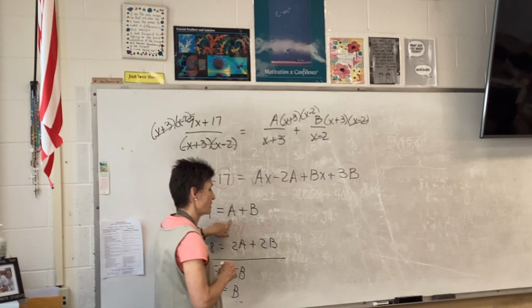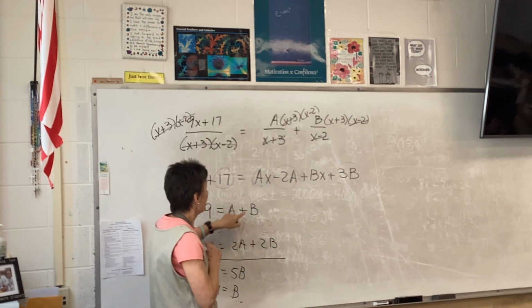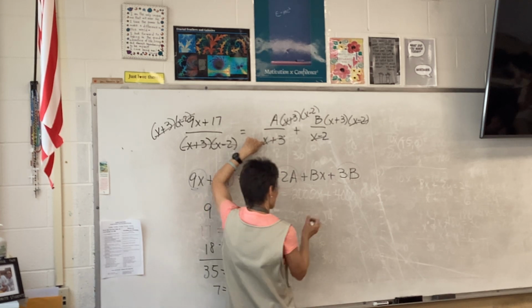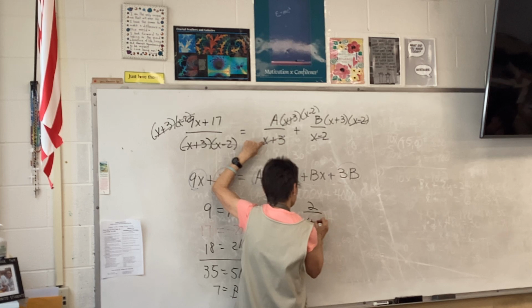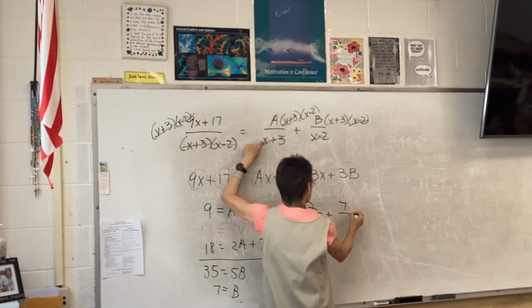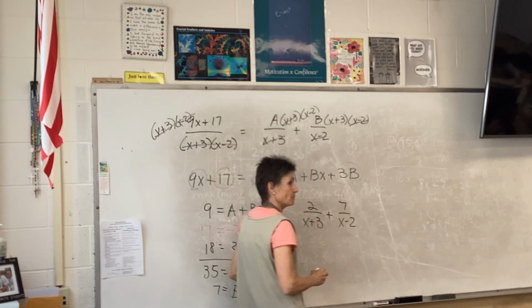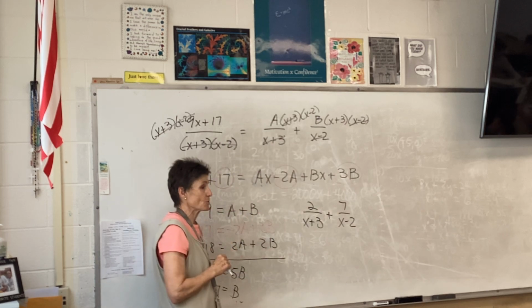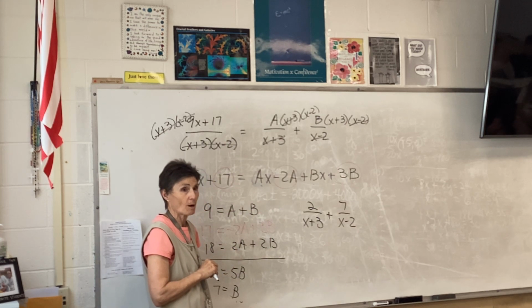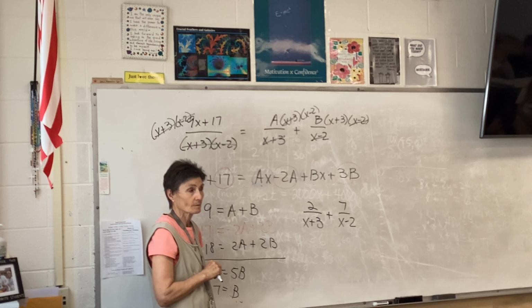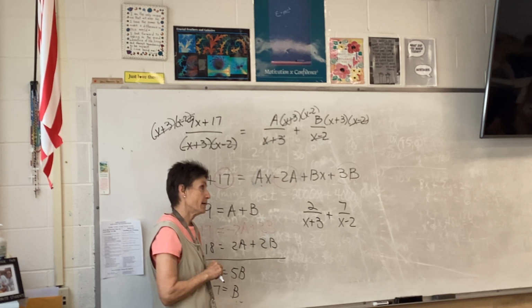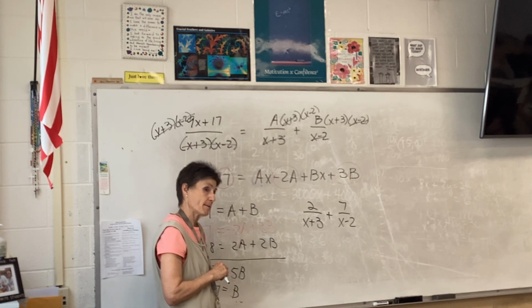So the answer is, I got A is 2. I have A over x plus 3. So 2 over x plus 3 plus 7 over x minus 2. And that's going to be your answer no matter how you set up the original problem. Any question about that?